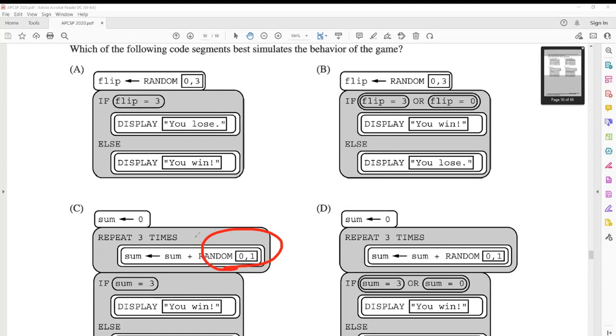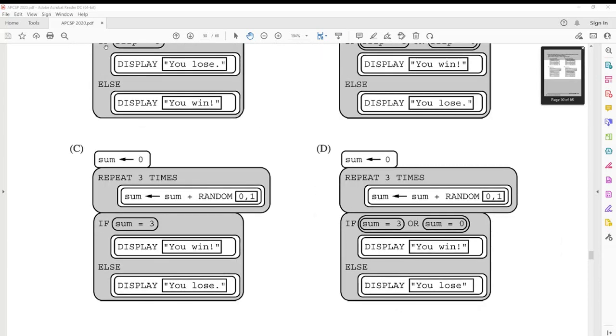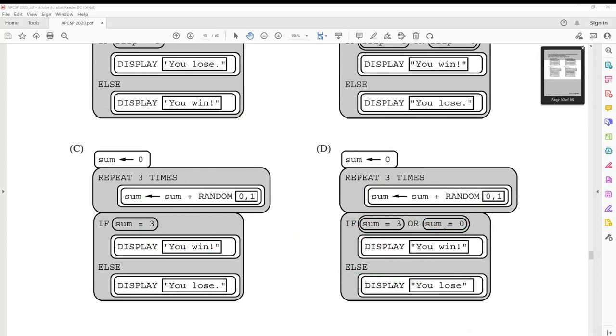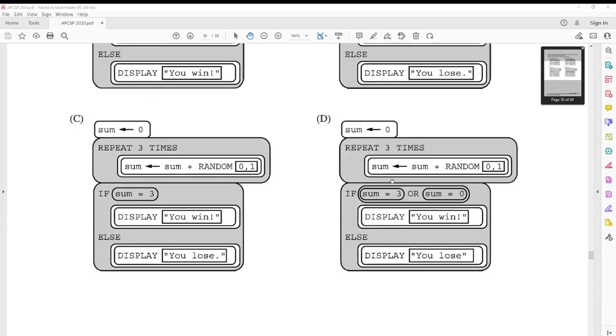C and D are better answers, but the right answer should be D: 1, 1, 1, 1, 2, 1, 1, 3, 3, 1. In this case and this case, you win. When the sum equals 0 or sum equals 3, it's the same type, then you win. So the answer is D on 51.